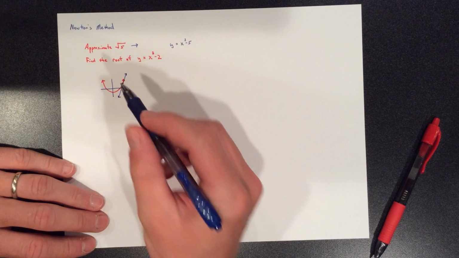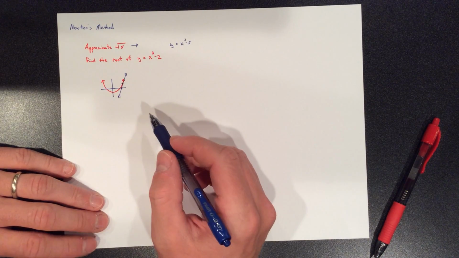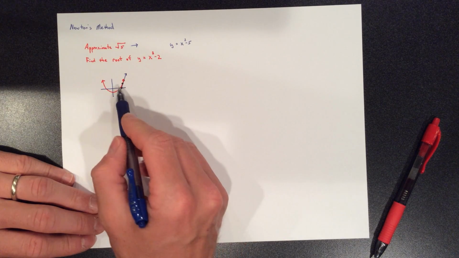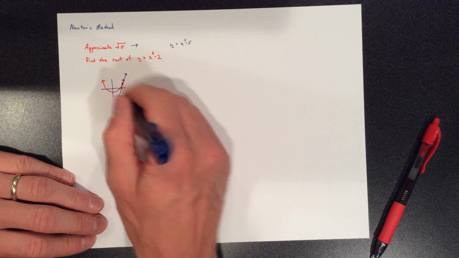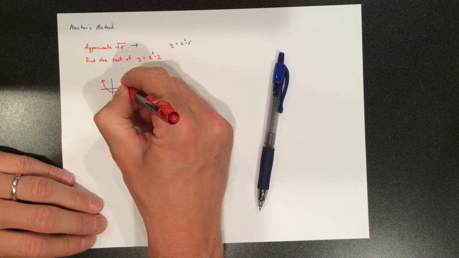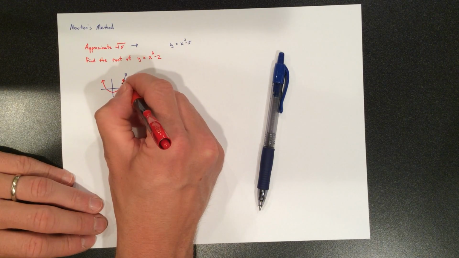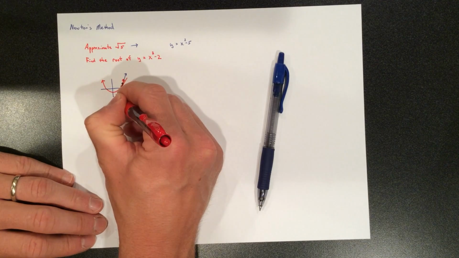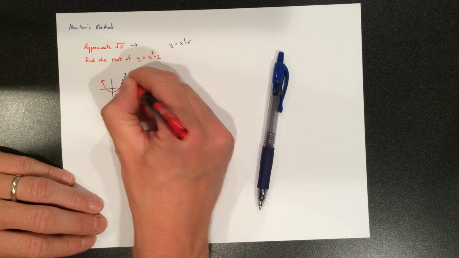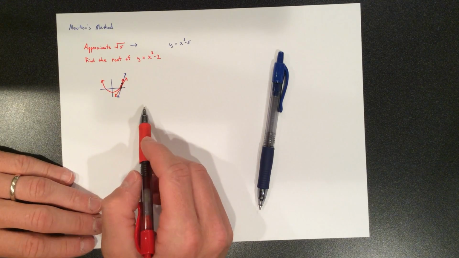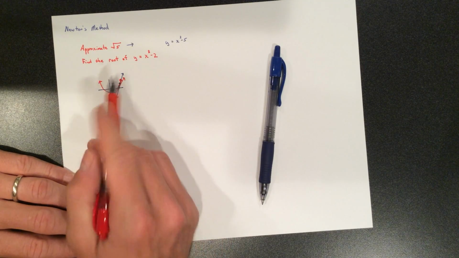And guess what I'm going to do? I'm going to do another iteration. Another iteration means I do that whole process again. So I use that new point, and I use that point on the curve. And you know what I do? I find the tangent line at that point. I know you can't really see, but you could look this up, maybe Google Image it, and you could find a more detailed drawing.